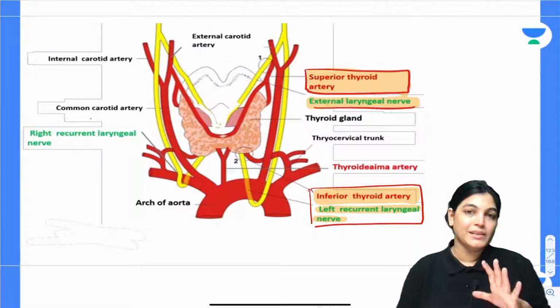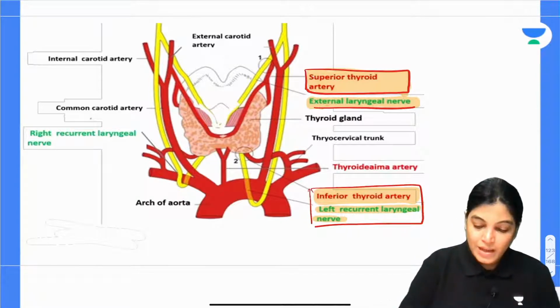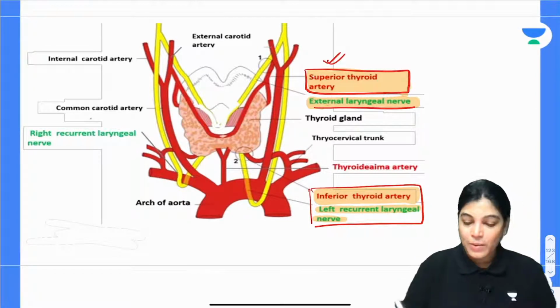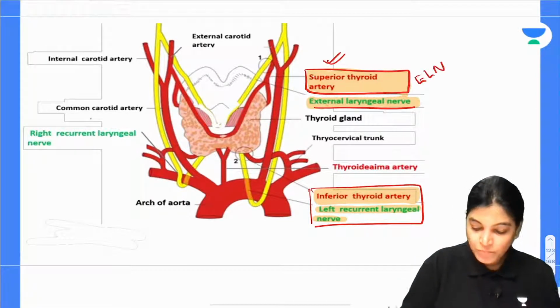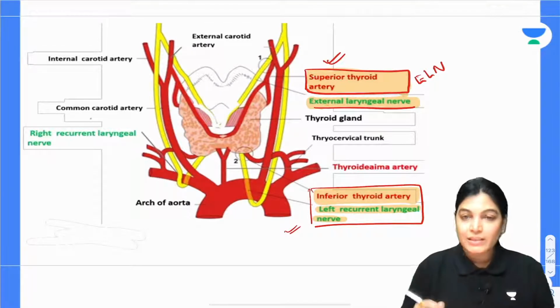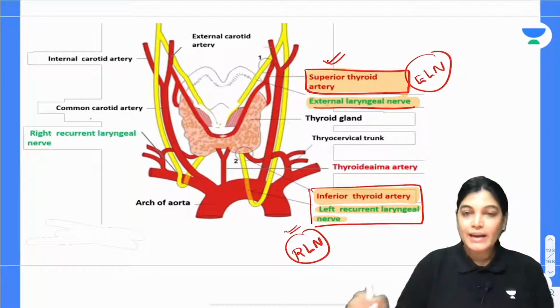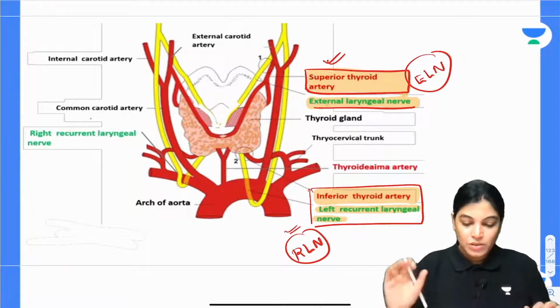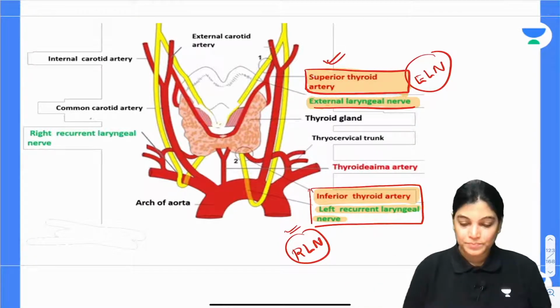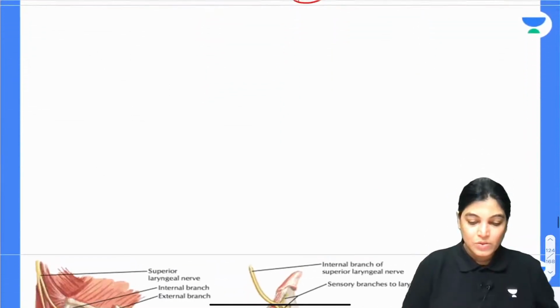So it is quite clear. When the superior thyroid artery is ligated, the nerve compressed is the external laryngeal nerve. When the inferior thyroid artery is ligated, the nerve compressed is the recurrent laryngeal nerve. So this is clear now.